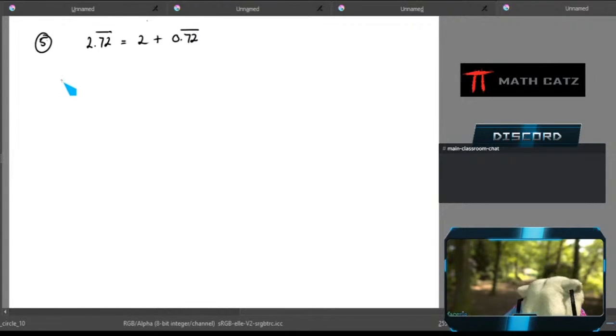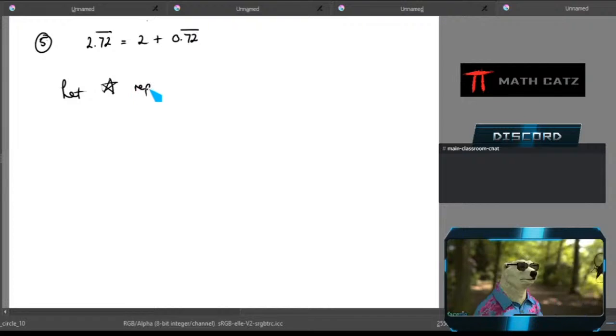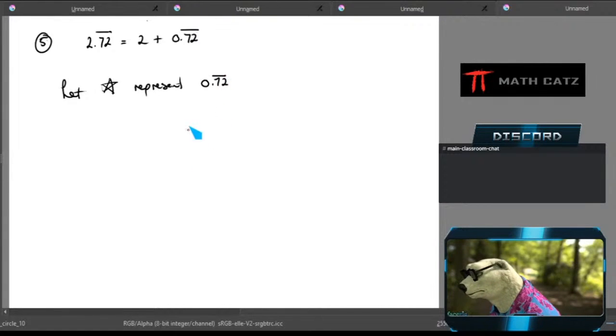That's the first thing. So now I'm going to say, maybe I don't want a question mark in a box. Maybe I want a little star to represent what I need it to represent.